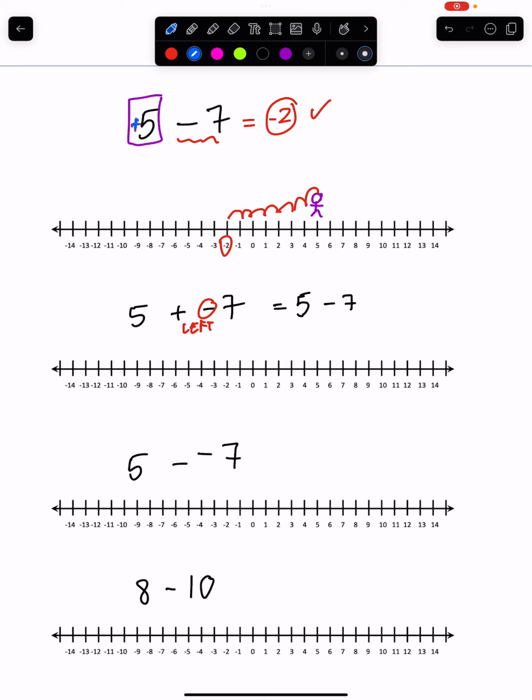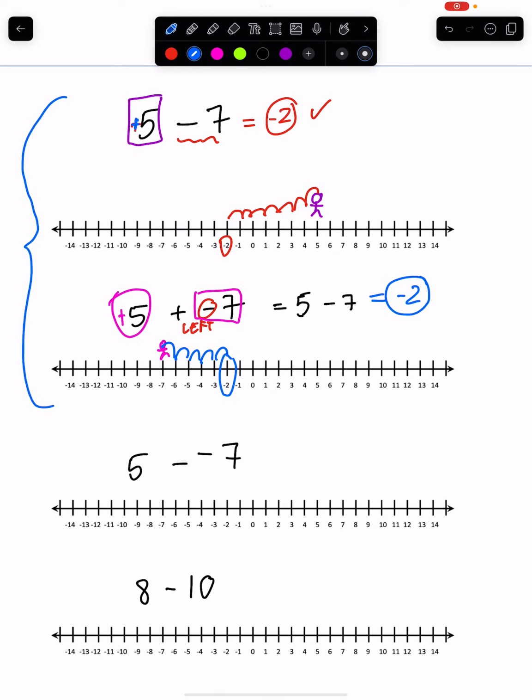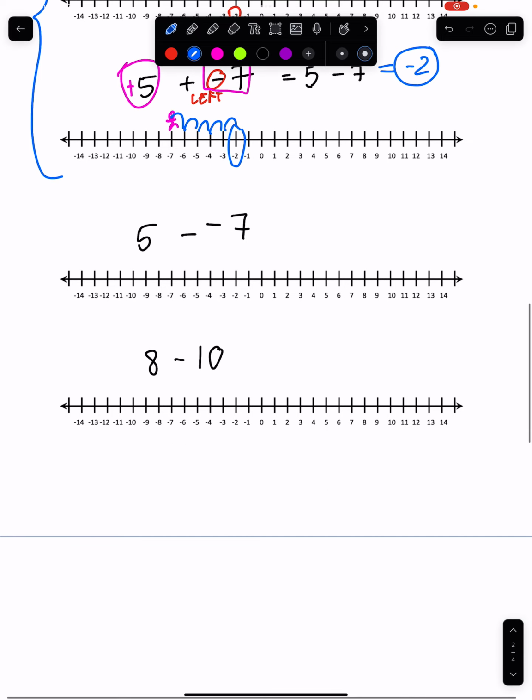Alternatively, and I alluded to this earlier, you could begin at -7. And then this 5 is positive, so that means we're going to move 5 to the right. 1, 2, 3, 4, 5. Either way you slice it, you're going to end up at -2. So these two examples are equivalent. 5 minus 7 is the same thing as 5 plus -7. So you can convince yourself with a number line that you are thinking about things correctly.